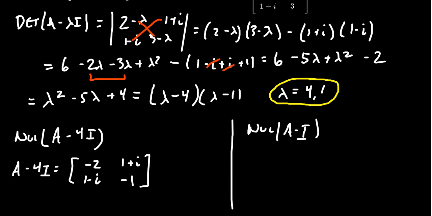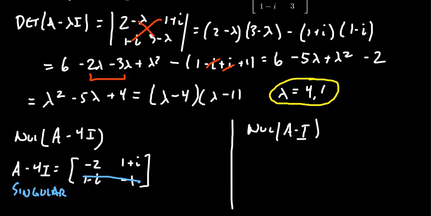I think so, yeah. Let's see. Yes, that's fine. And so notice here that you have a 2 by 2 matrix, and we know that this thing is singular, because after all, since 4 is an eigenvalue, this matrix is going to be singular. So we know that the second row is going to basically just vanish away because it has to be a multiple of the first row.